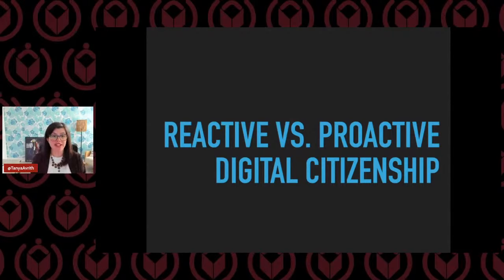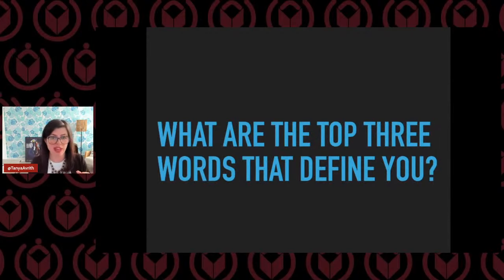Because when I had my students in 2007 come to class and all hell break loose because of things that were happening online, that was when I was like, oh boy, I got to teach them. But had I flipped that and was teaching in a different way and had been inclusive of the tools and inclusive of the thinking and inclusive of the technology, then I probably wouldn't have had those issues with my students, and we probably would have had those conversations a lot earlier. So let's take a look at what that is.